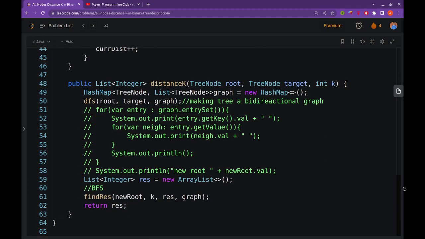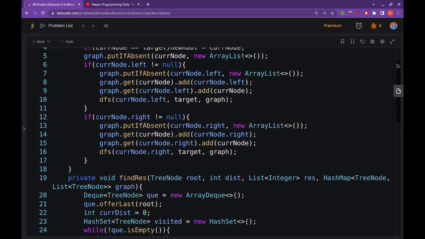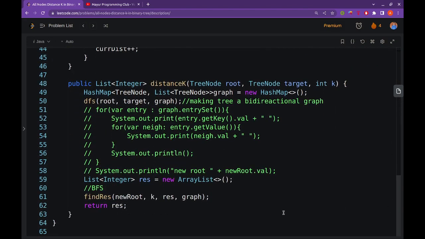Once we have a bidirectional graph, we will be initializing a result list that we have to return for the nodes at the k distance from the target node, whose address we have just found while making the tree a bidirectional graph.